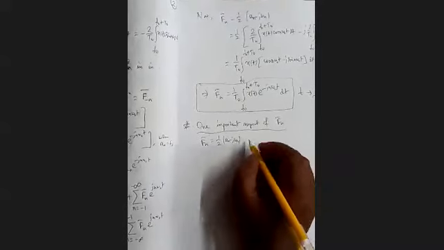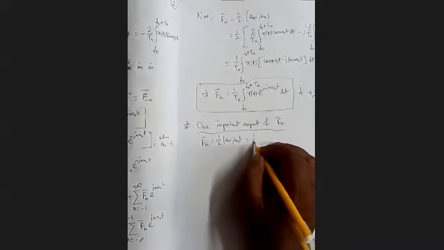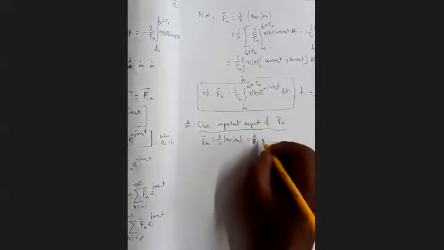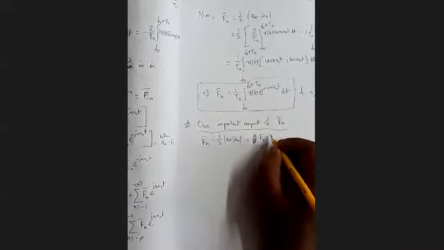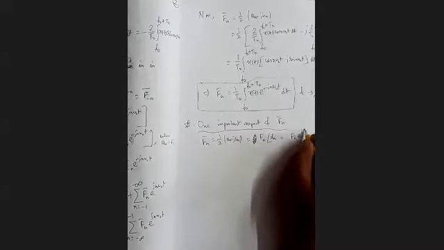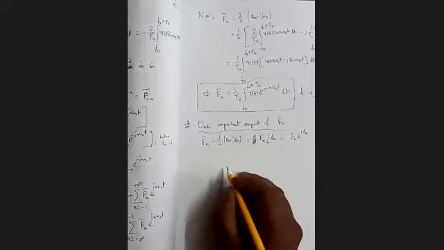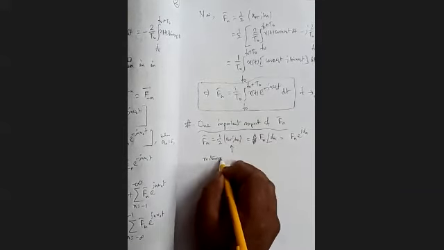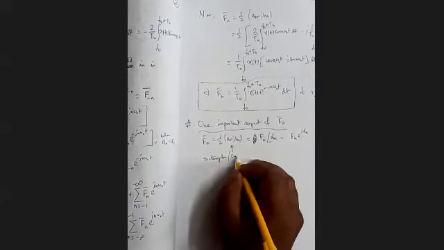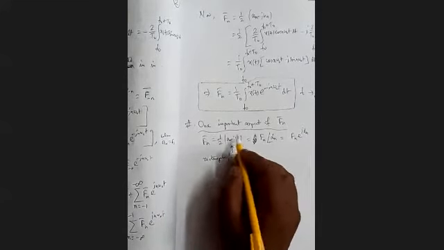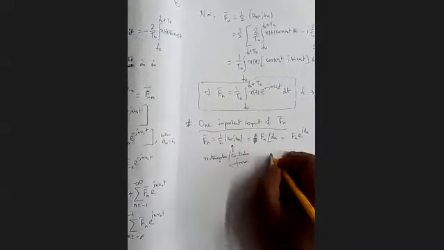That we can write as a rectangular form or Cartesian form. From that we can get it as fn angle alpha n, or fn e to the power j alpha n. So this is the rectangular or Cartesian form, where real and imaginary terms both are there.